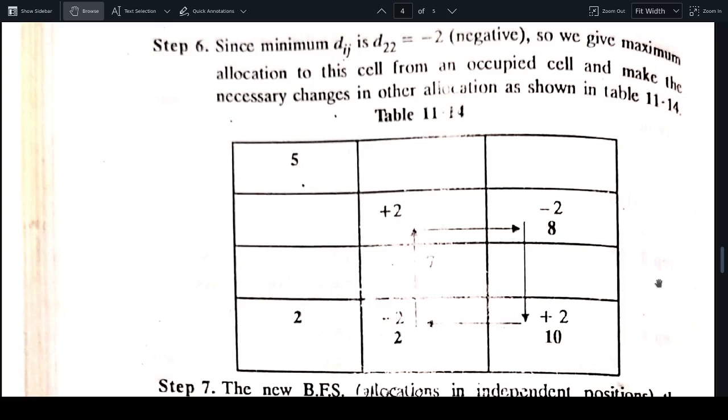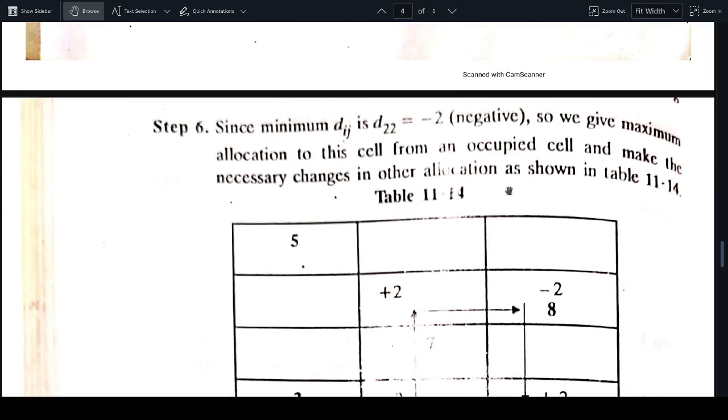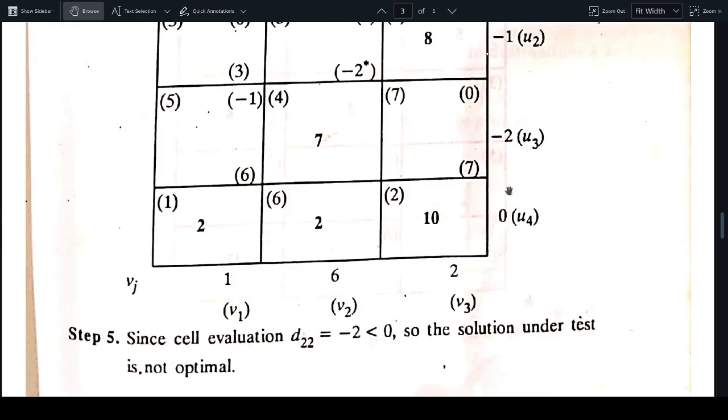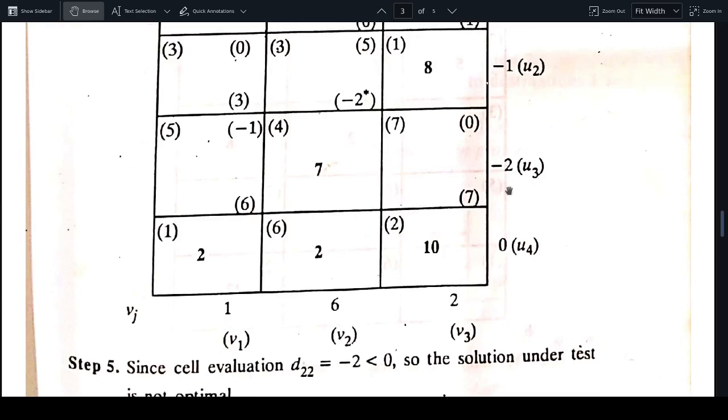Downward you move, but here you see where allocation is present, then you stop. Otherwise you cannot stop. One thing everyone see: another way, from minus 2 to the downward cell, you see 7 is an allocation. So in 7 we can stop, but here we cannot.